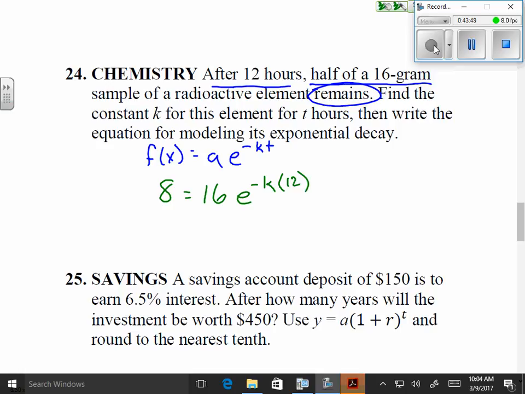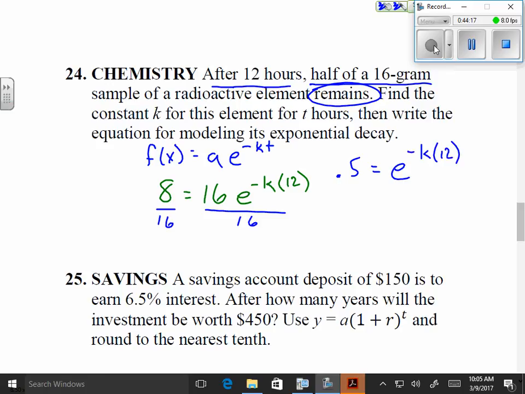And so with all of this information, we should be able to figure out what the constant is for the rate of decay for this radioactive element. So we would first divide both sides by 16. I get a half, 0.5 equals e to the negative k times 12.